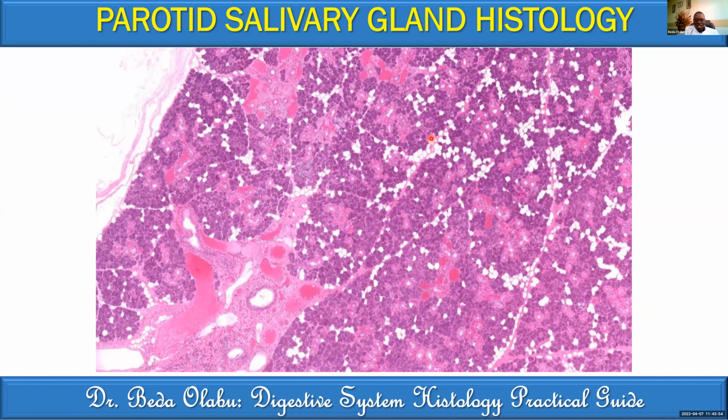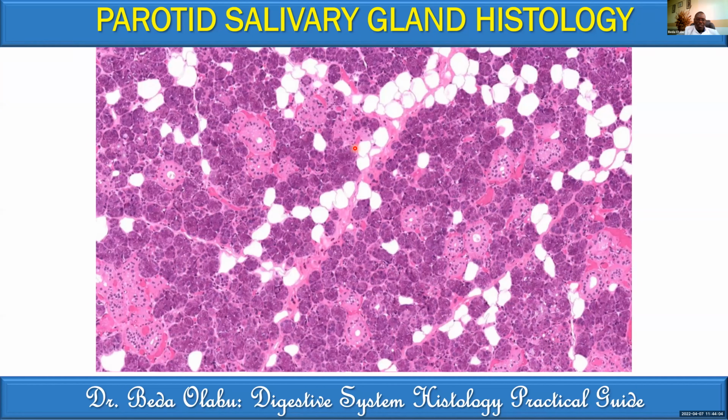At this magnification, we can see lobulation. There are those white small cells you're seeing, which are adipocytes, but they are best seen at a higher magnification, which I'm now giving you. So in this magnification, we see scattered adipocytes. We also see the lobules better, and that the lobules contain acini.